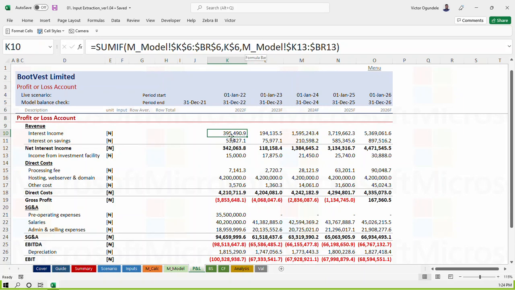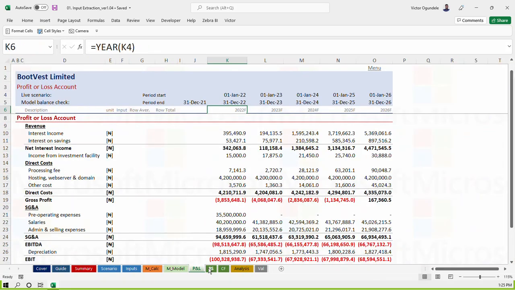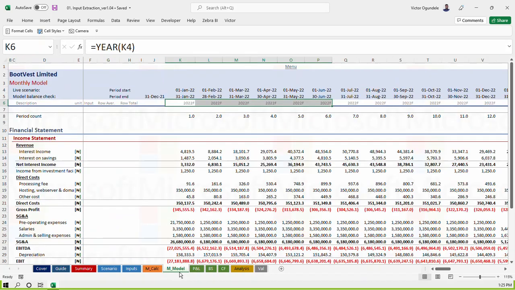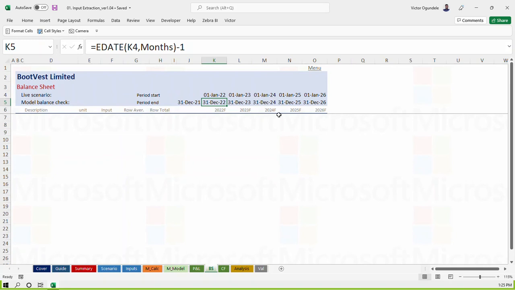So if you see this, if we are summing everything, as long as you fall within the range of 2020 in our monthly calculation, it should sum it together. But for the balance sheet, instead of summing the 2020 here, as long as the period end date in the monthly model is the same as the ending date in your yearly model, then you pick the value.